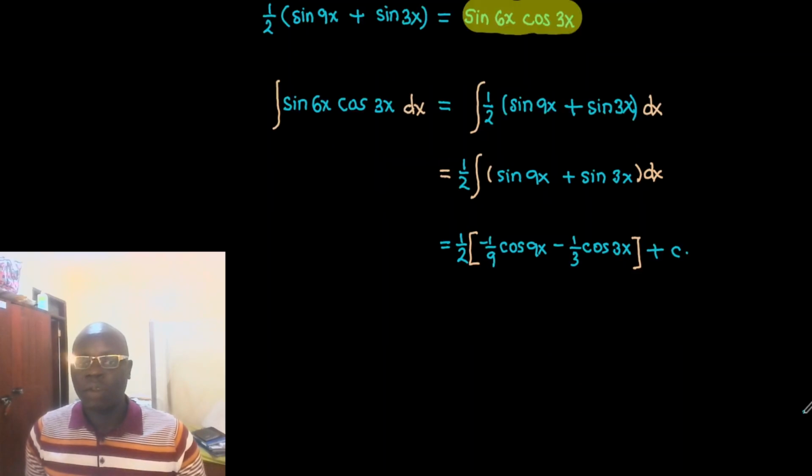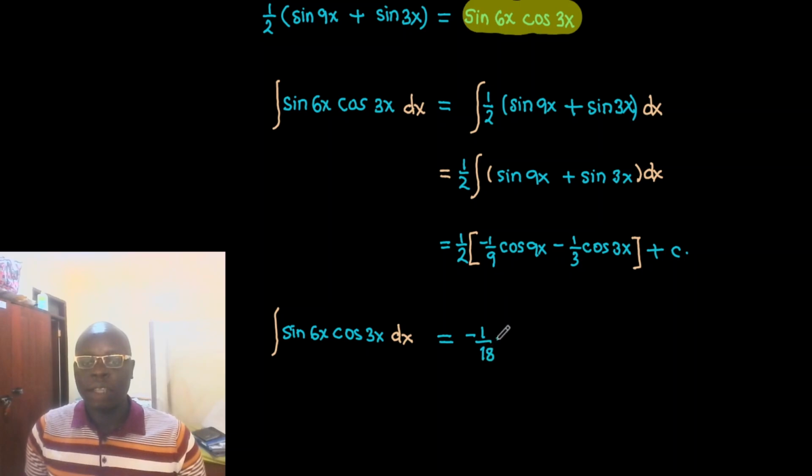So let's create more space here, and we have the integral of sine 6x times cosine of 3x with respect to x. This one should be equal to, now we can go ahead and open up this bracket. So we have negative 1/2 times 9 is 18.